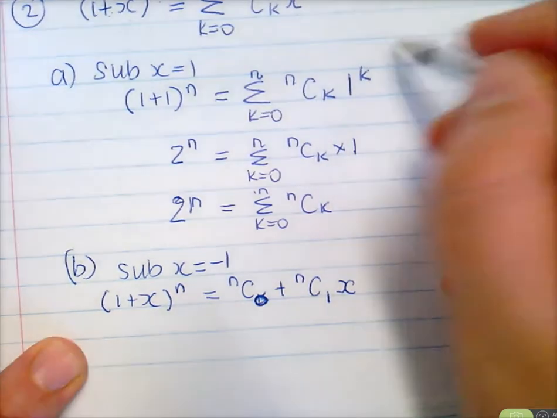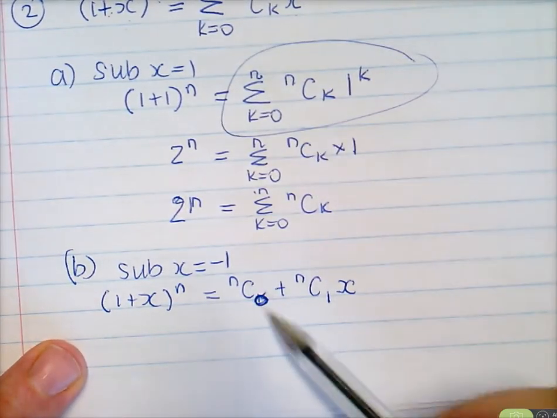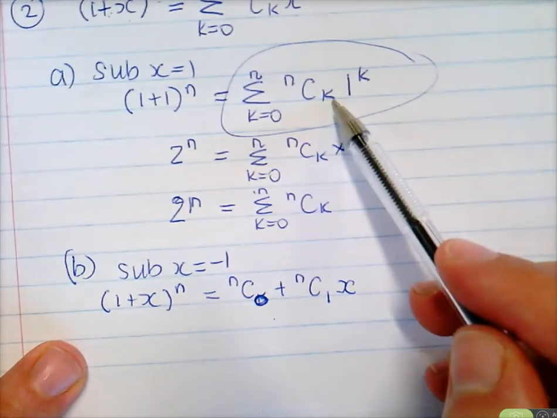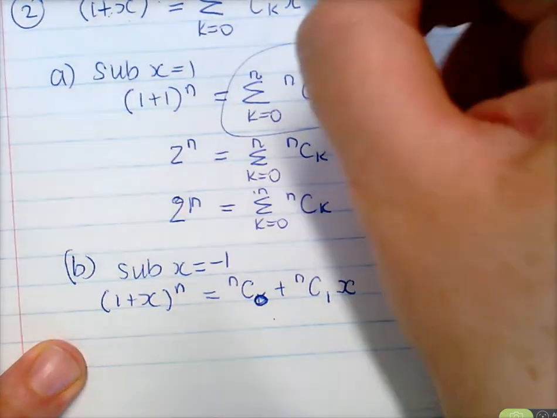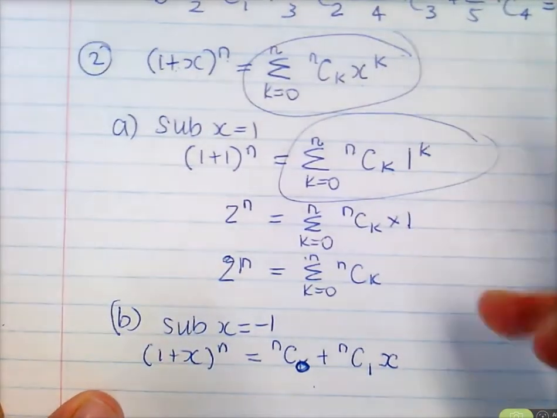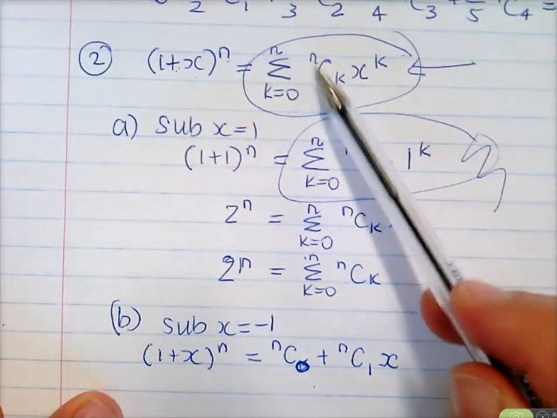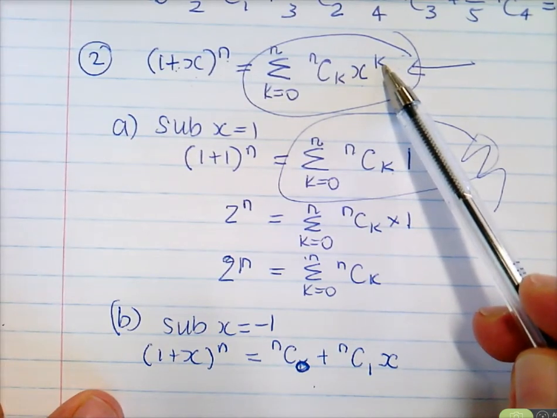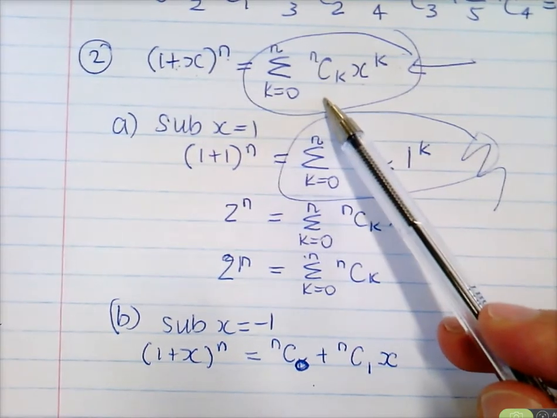All right, why don't we just substitute it into here? nC0, 1 to the 0 is 1. Substitute it into this, not that. So when you substitute k is 0, you get nC0, x to the 0 is 1. So you get nC0. When k is 1, just keep going up to 5 at least.